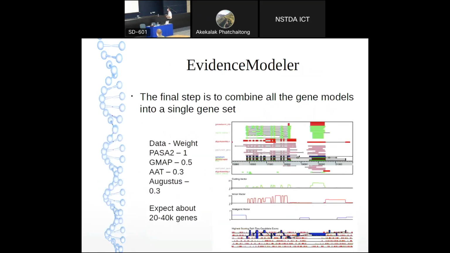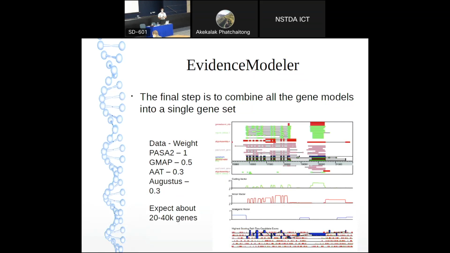So because there might be inconsistencies between those, we apply weights based on the relevance of the input data that we used. So we give the highest weight to PASA because that is the RNA-seq transcriptome assembly.